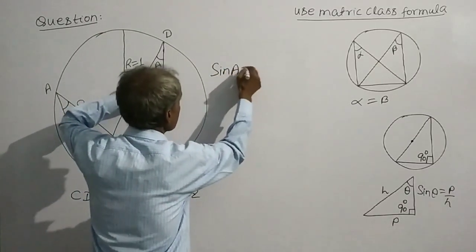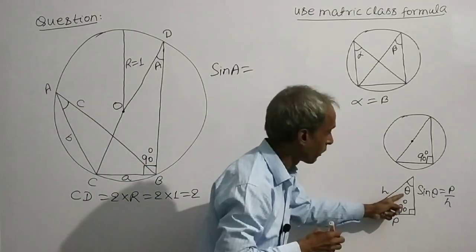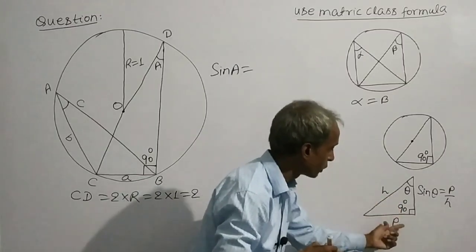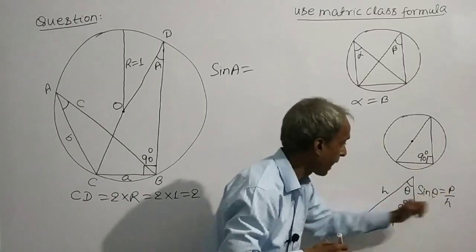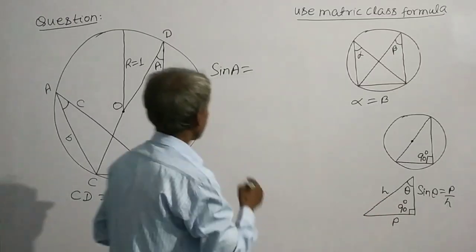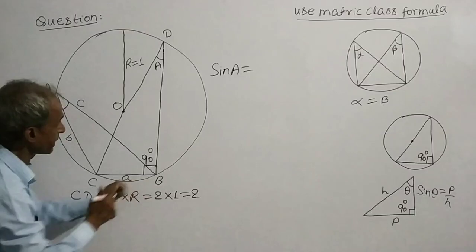Sin theta is equal to the ratio of two sides, the side opposite to theta by the side opposite to 90 degrees. Therefore here sin A will be equal to CB by CD.